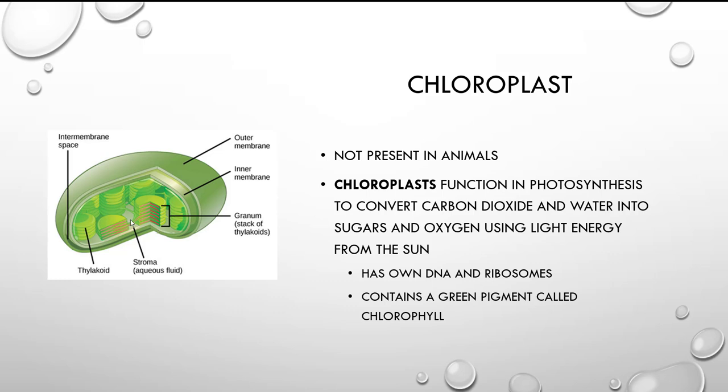Because like the mitochondria, it has its own DNA and its own ribosomes. So we think that an ancient cell engulfed a photosynthesizing prokaryote, and for some reason it didn't digest it, but it became incorporated, and that cell started photosynthesizing and using that structure, the chloroplast, to make glucose.